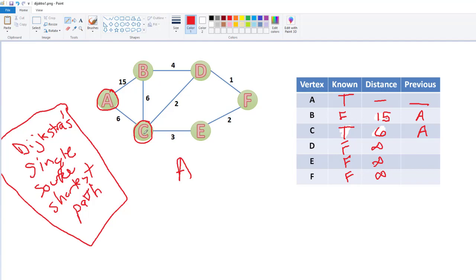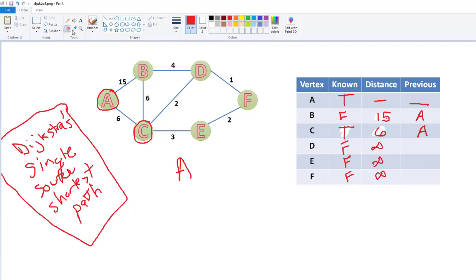So I have to look at B and I ask, is the distance from A, if I go through C, shorter than the one that's already in the table? Since C to B is 6, and A to C is already a 6, you add it to the value here. The 6 between these plus the 6 here is 12, and 12 is in fact shorter than 15.